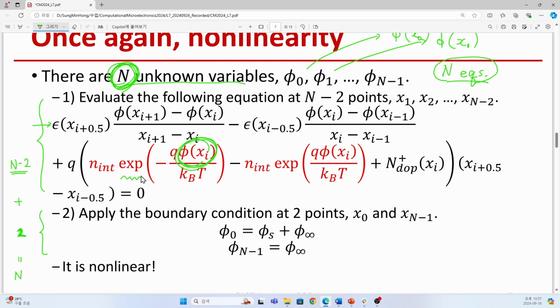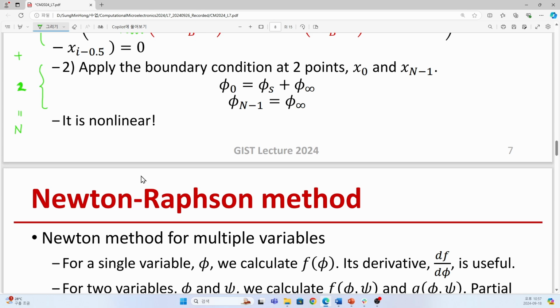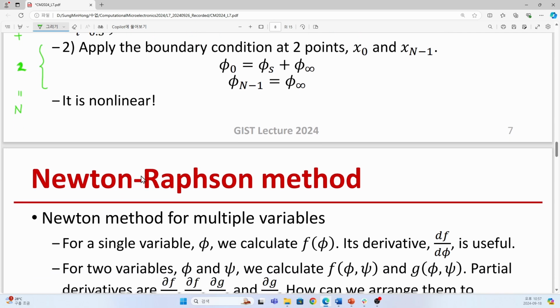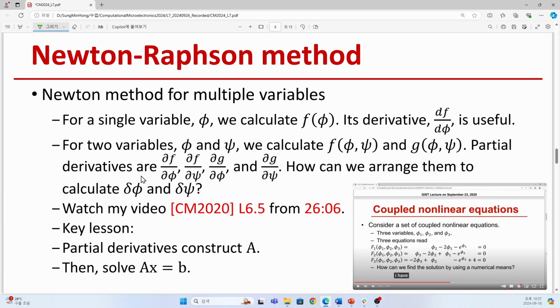Anyhow, we have to solve a set of nonlinear equations. When a nonlinear system is involved, previously we studied the Newton method, so maybe you remember that one. However, the peculiar point now is that we have multiple variables, not just one variable.